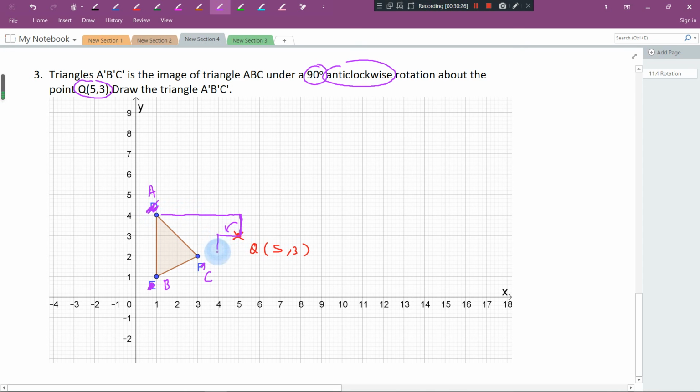So this is the image of point A. We label it as A prime. We do the same thing for the rest of the points.